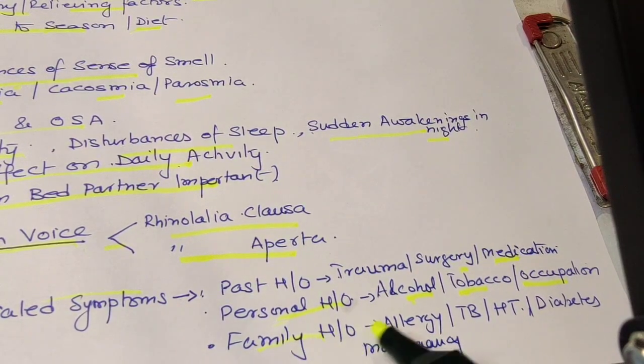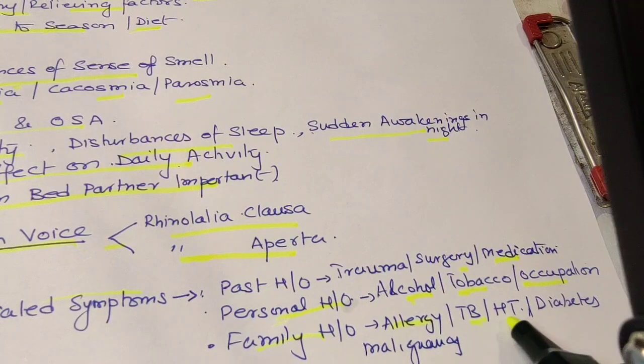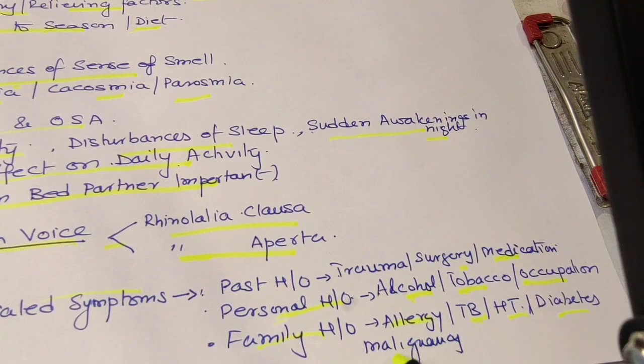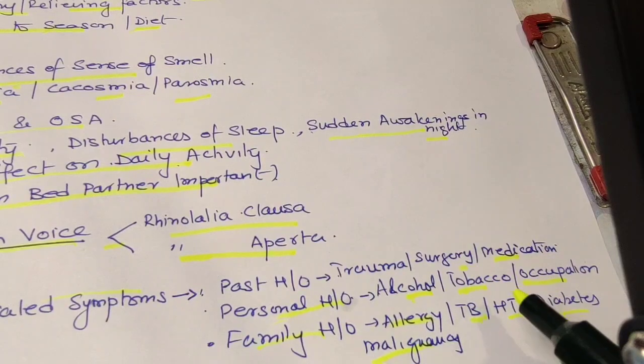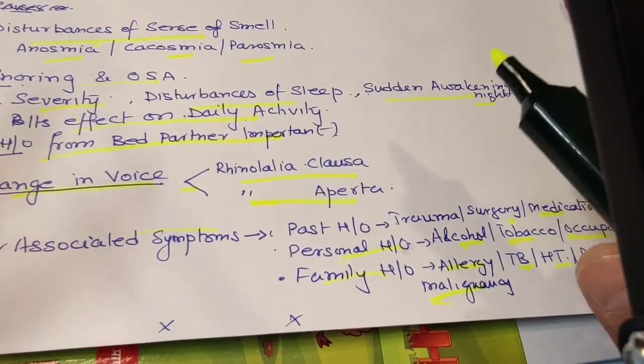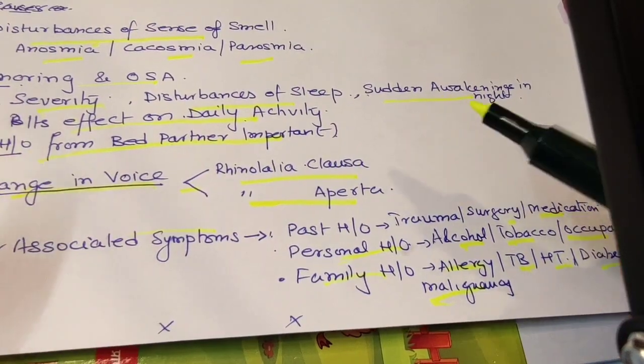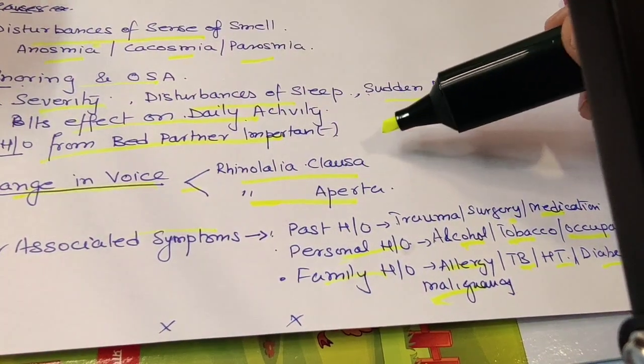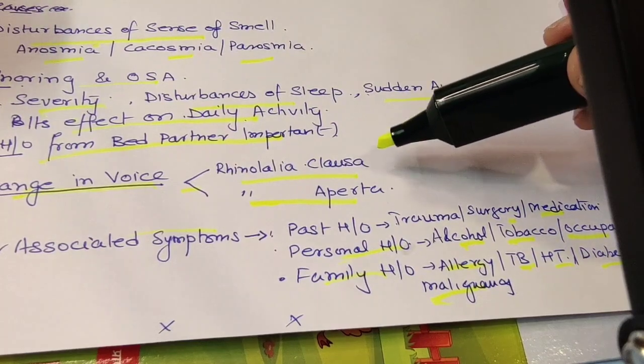Then a family history of allergies, tuberculosis, hypertension, diabetes, and malignancy also can help you in reaching your diagnosis.